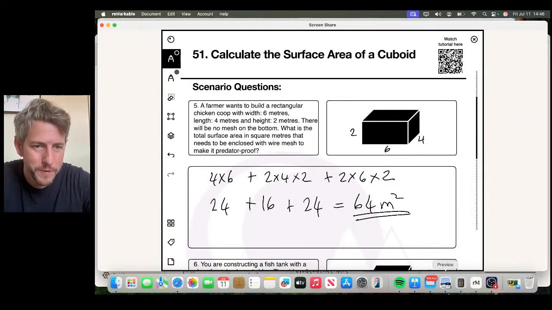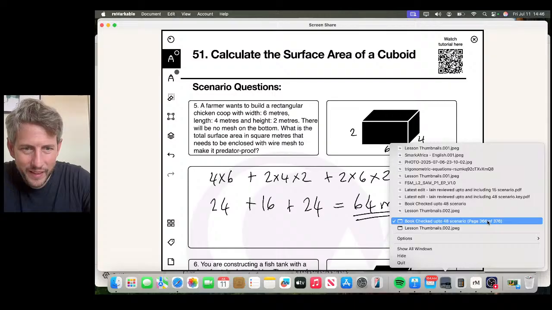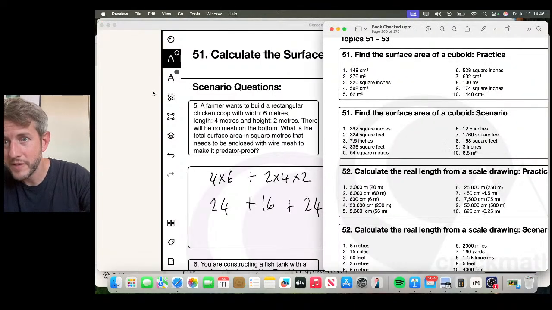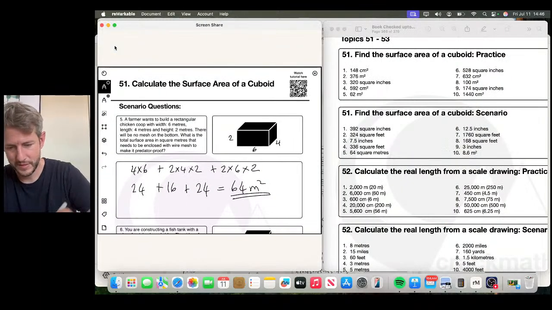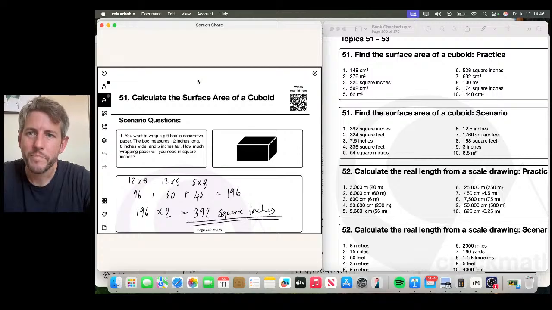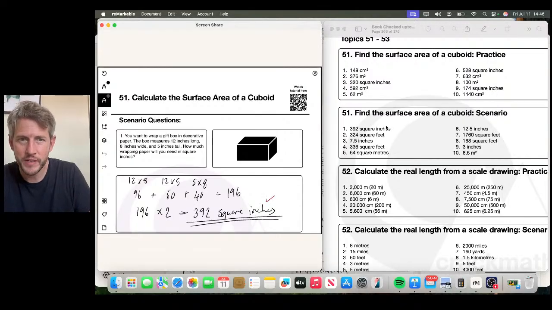Right, so let's get the mark scheme here. And there we go. I can minimize this, and we can get these first few marked. Red pen. Okay. So question 1 is 392 square inches.